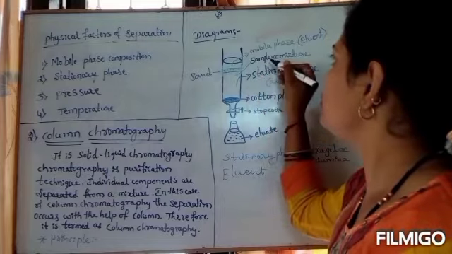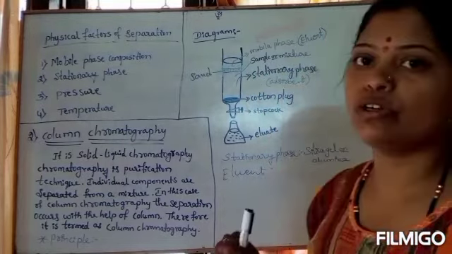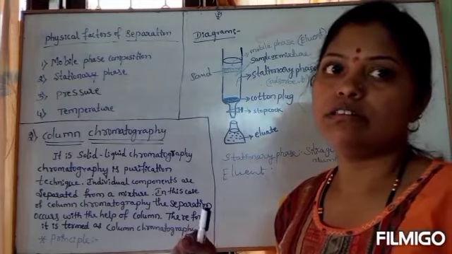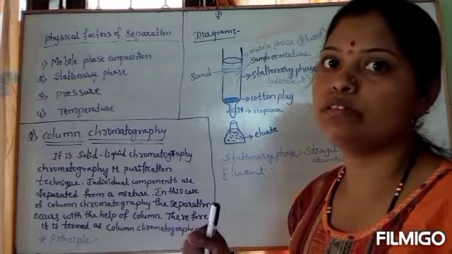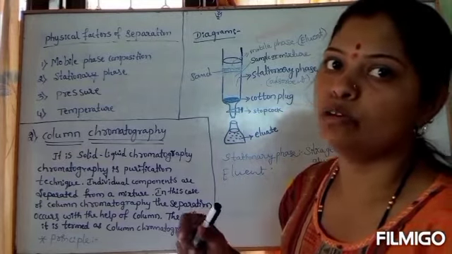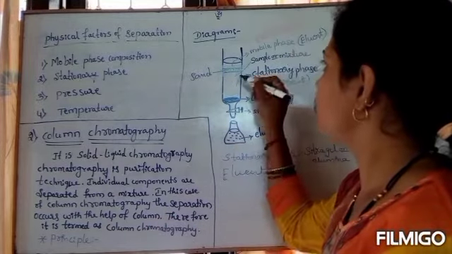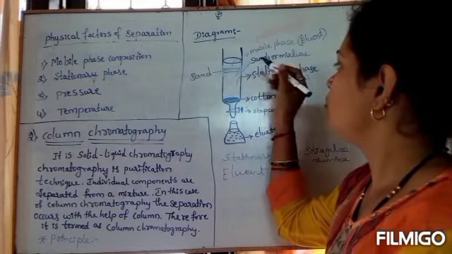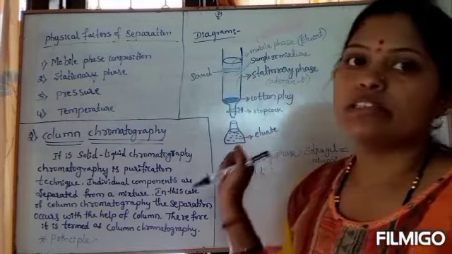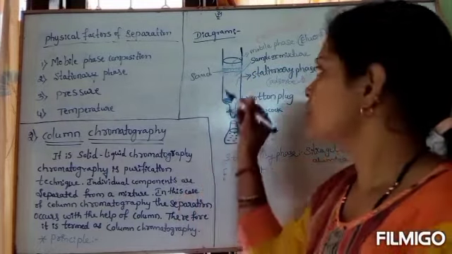Above that, we place the sample, the mixture of components that we want to separate, on top of the stationary phase. Above the mixture they place powdered sand.